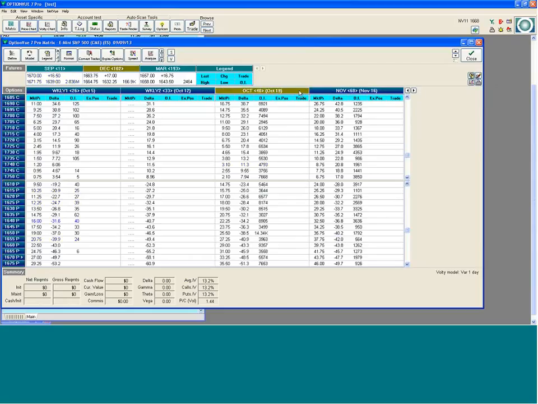And since it's with puts, let's say we purchase the 1650 put, and we sell the 1600 put.